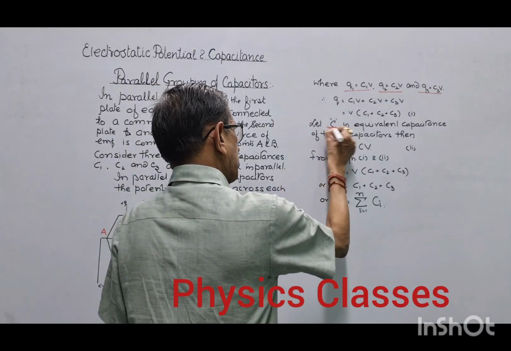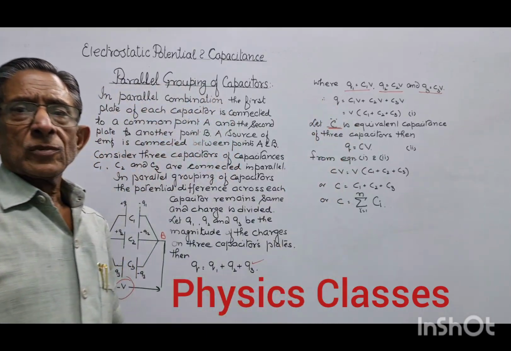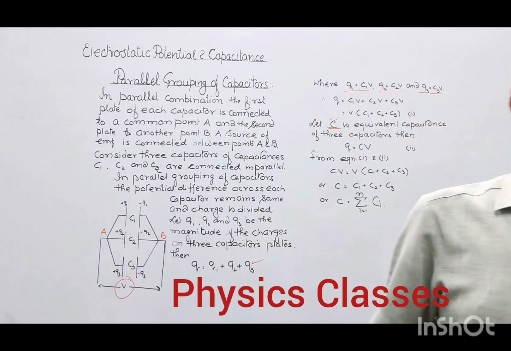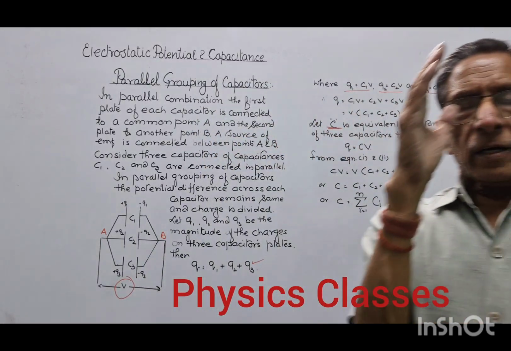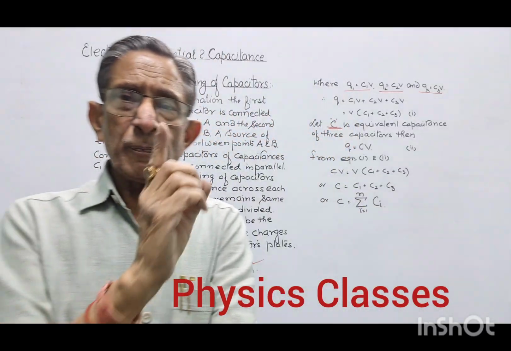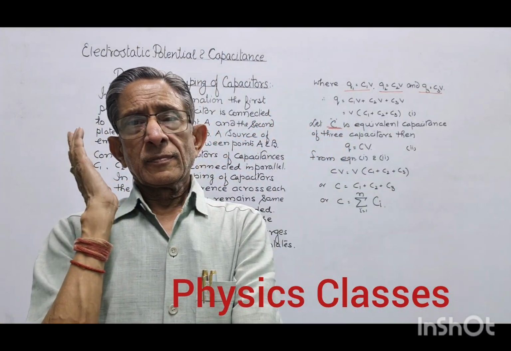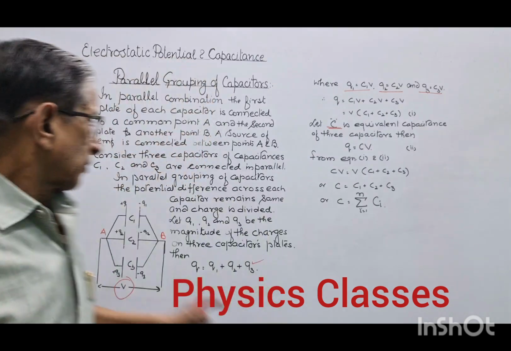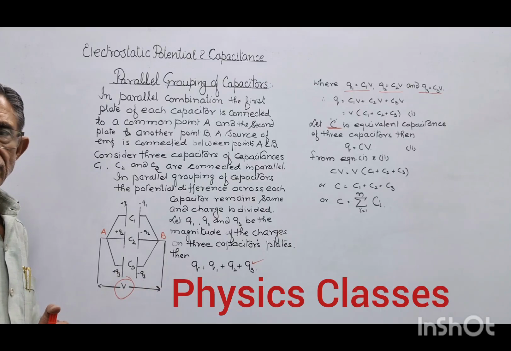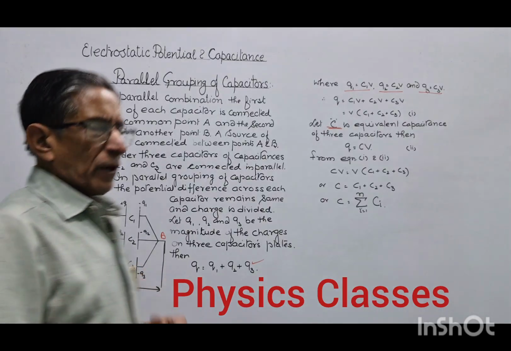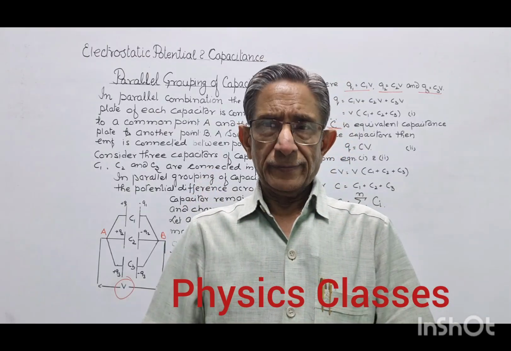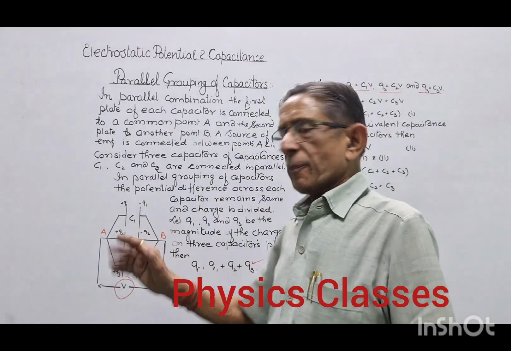Now we consider C. What is C? Students, C is the equivalent capacitance. Equivalent capacitance means the capacitance of the capacitor which will play the same role as these three capacitors combinedly perform when potential V is applied across them. We apply potential V across these three capacitors.